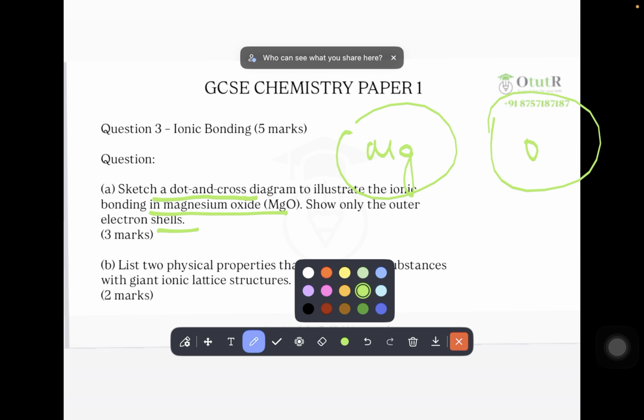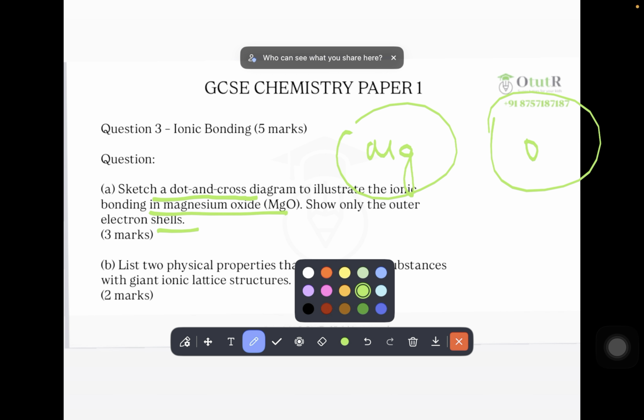All right, so this is how you can represent the dot and cross diagram for MgO. Next question.